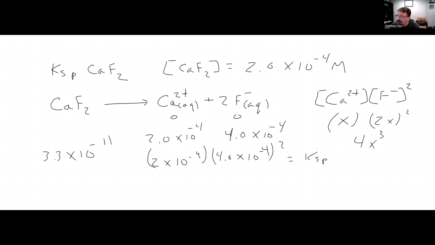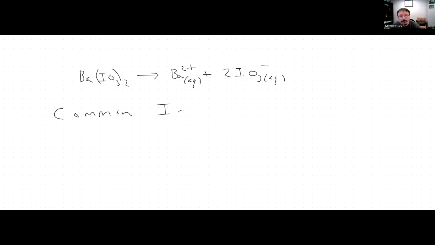Which of the following would reduce the solubility of barium iodate? So there's my barium iodate, and as that dissolves, we get barium 2 plus ions, and we get 2 of these. These are aqueous. So with those different salts, what we're looking for is the common ion effect.